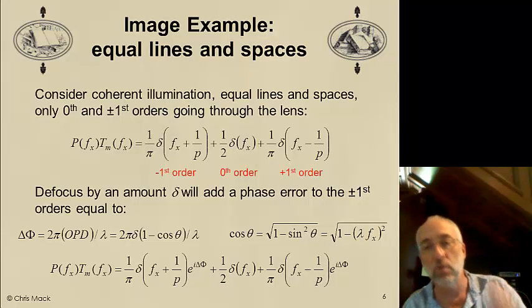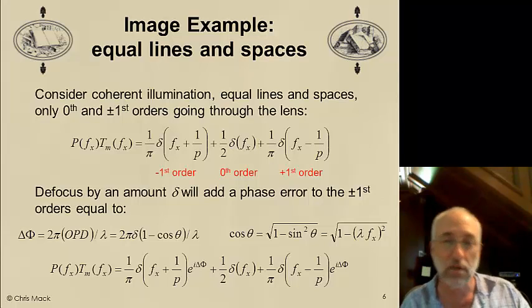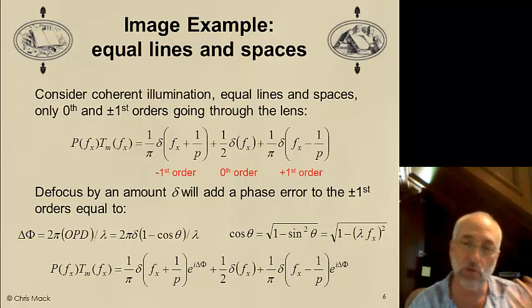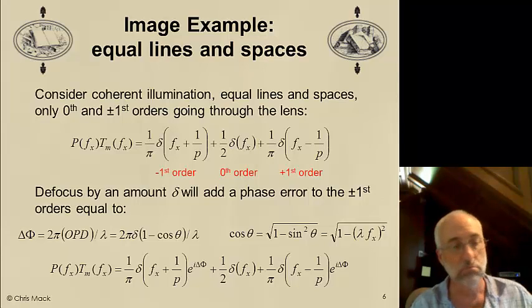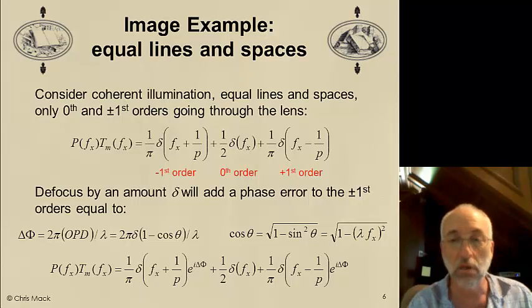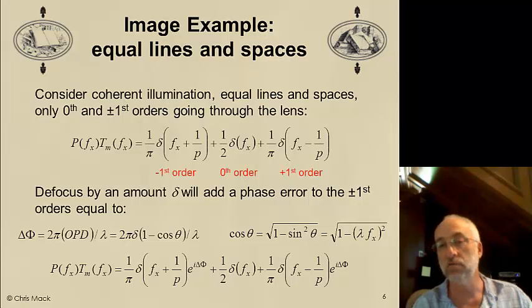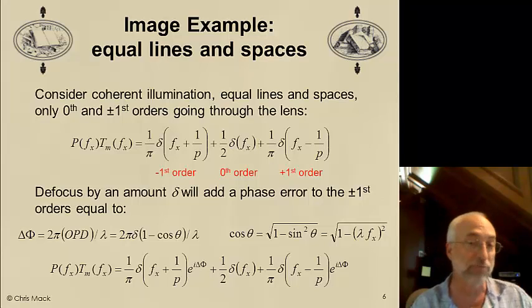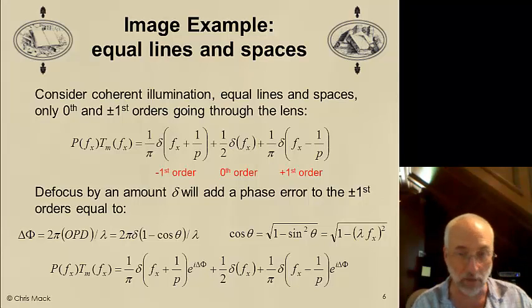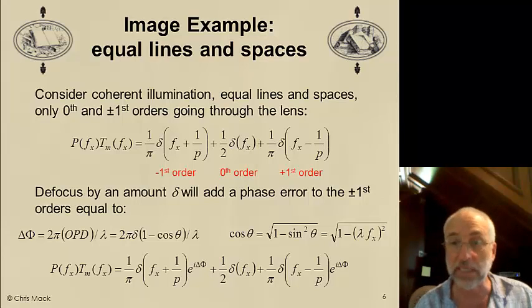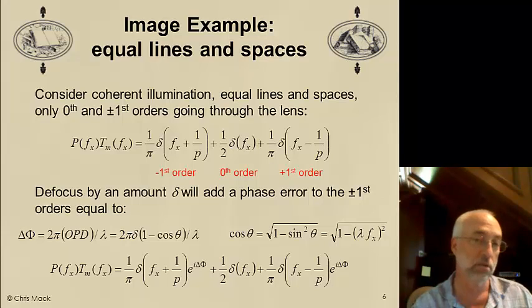This is how we represent a phase error in terms of electric field, a mathematical expression of a change in the phase. So I've changed the phase of the plus 1 order and the minus 1 order by the same amount, and I multiplied those two terms by e to the i delta phi.